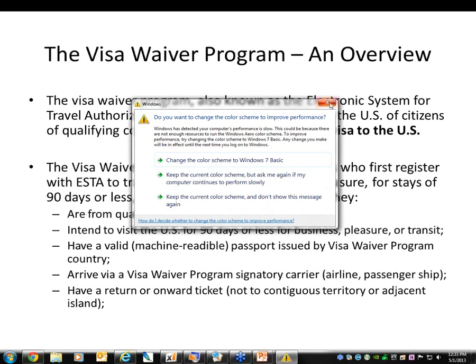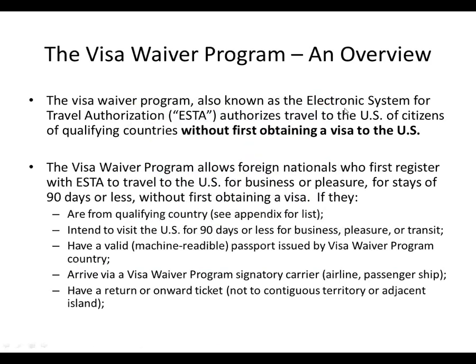So the Visa Waiver Program is also known as the Electronic System for Travel Authorization. We will shorthand that as ESTA throughout the entire presentation. The program authorizes travel to the United States for citizens of qualifying countries. There's a list of qualifying countries that we will provide. It can also be Googled online fairly easily.